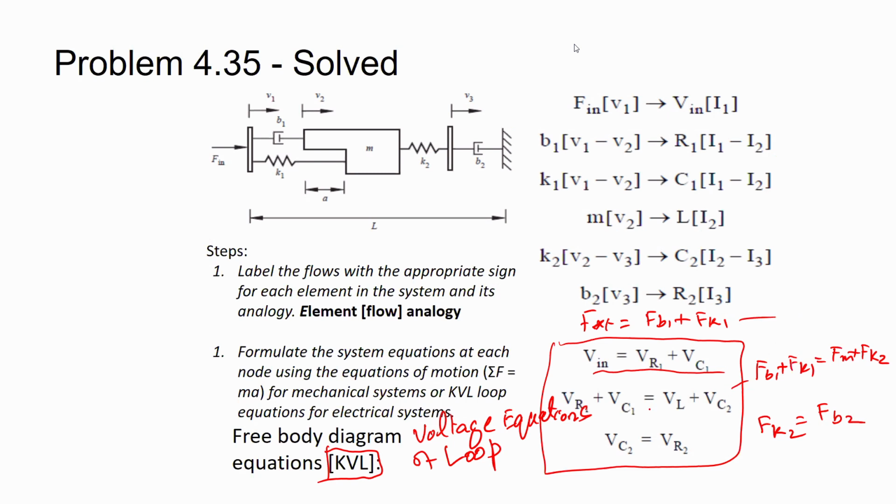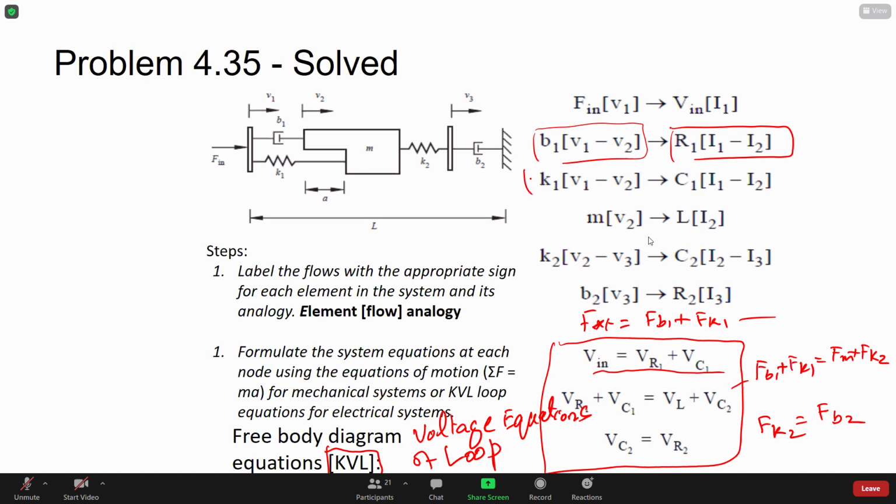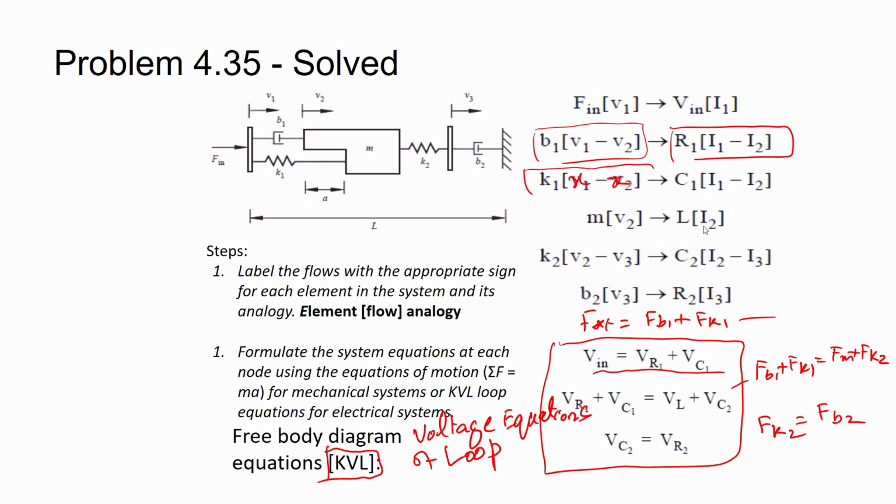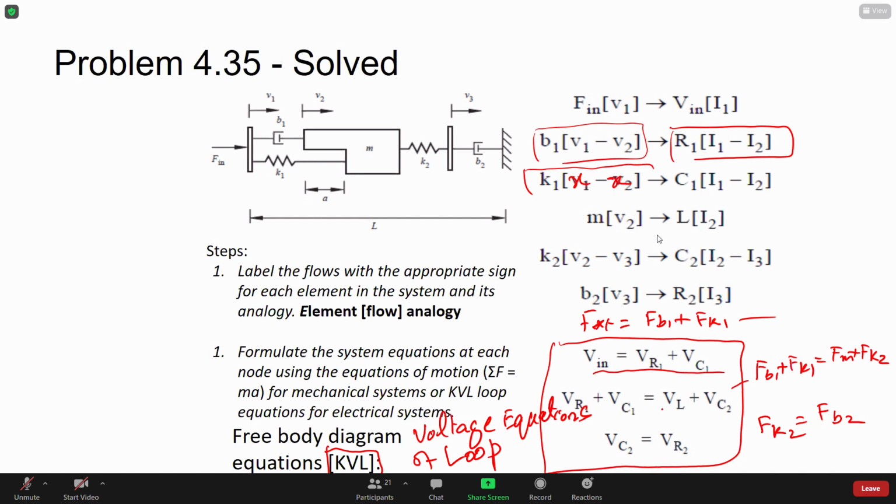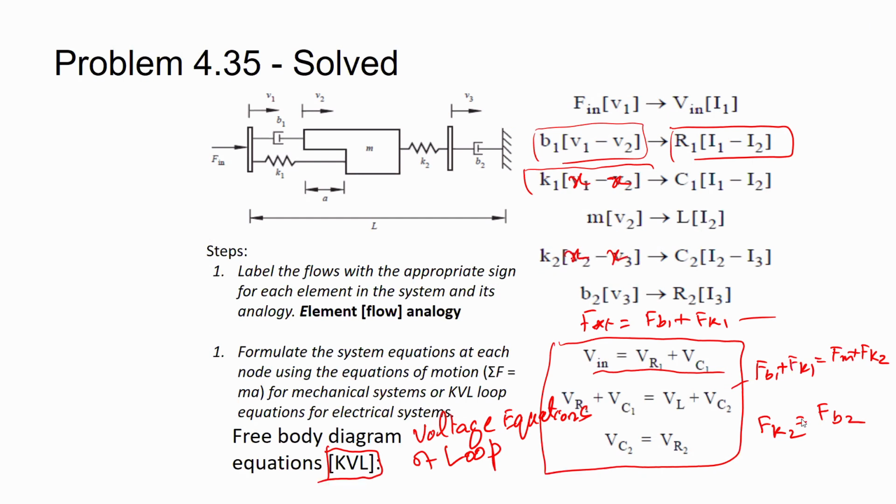So when we talk about FB1, it is basically this one, and the corresponding electrical is this one. FK1 is this one. It should actually be X1, okay? Not that one. And this should be X2. Because really, when it is a K, it is the displacement and not the velocity.